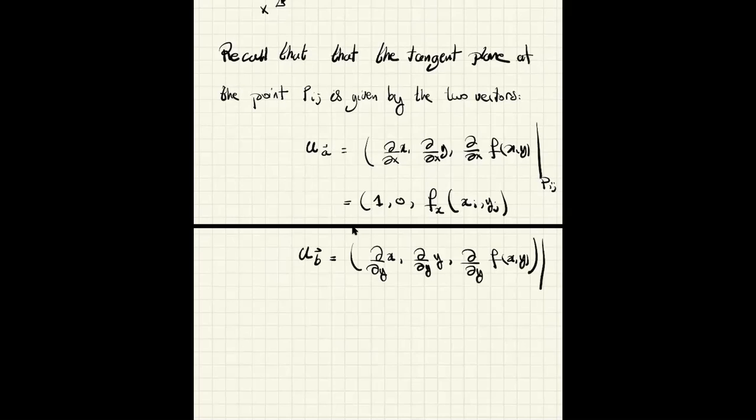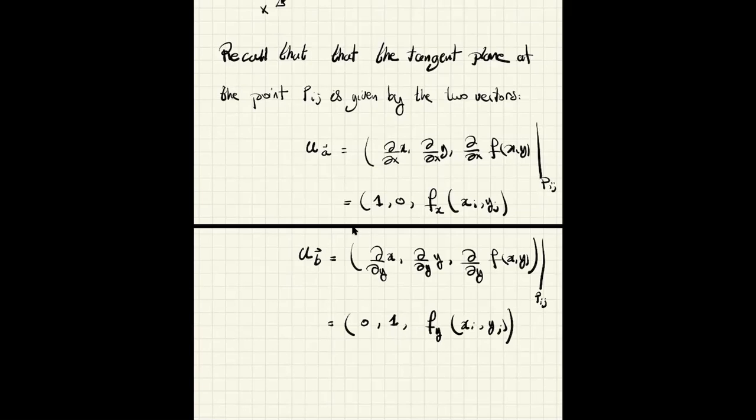Now that's a vector, and you have to evaluate it at the point, because we are looking at the tangent plane at the point Pij. And this is gonna be (0, 1, fy evaluated at xi, yj), right?